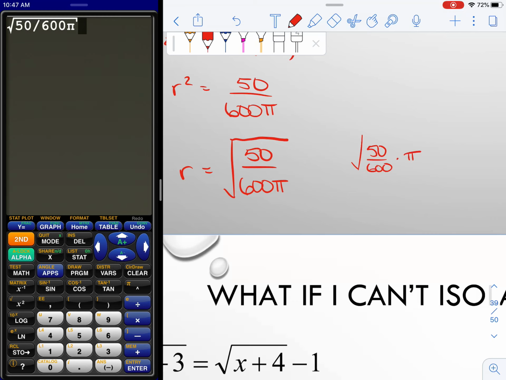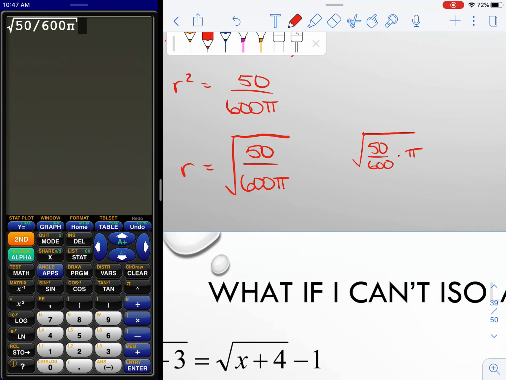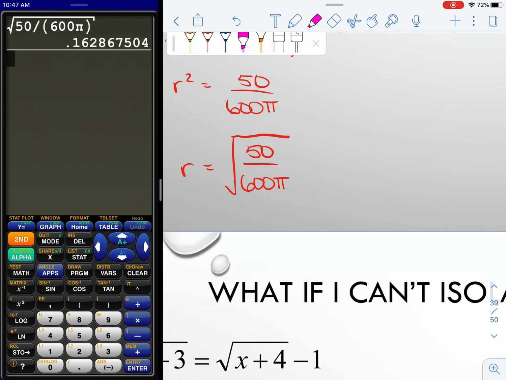That is not what I want. I want that pi in my denominator, so it's important that we use parentheses around that entire denominator. Let me go back in the graphing calculator and insert some parentheses. I want 600 pi in parentheses, and I want to close those parentheses.